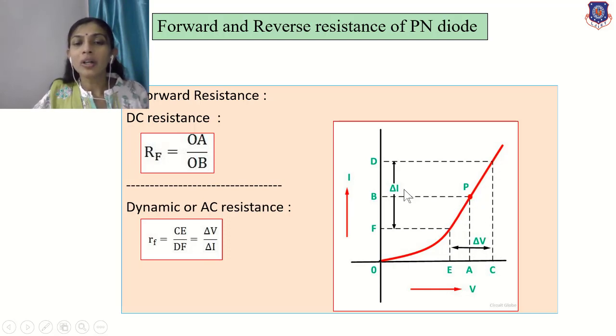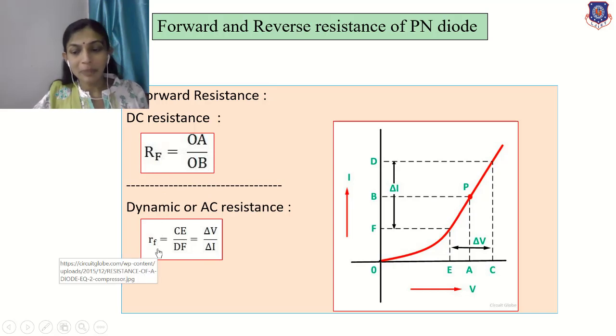So delta V upon delta I. This is the AC resistance, the change in voltage from one point to another point. You can take delta V. Similarly, the change in current is defined by delta I. So these are the two resistances, DC resistance and AC resistance, denoted by capital letters and small letters respectively.